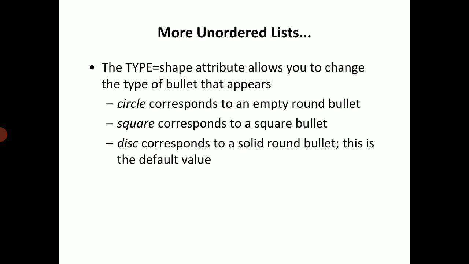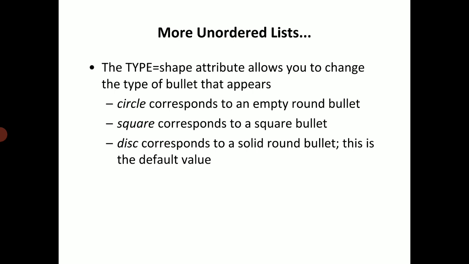More on unordered lists. Here we can change the appearance of the bullets by using the attribute called type. That is, type equal to shape, and this allows us to change the bullet. For example, instead of the bullet, I can use a circle here, that is type equal to circle, which corresponds to an empty round bullet.